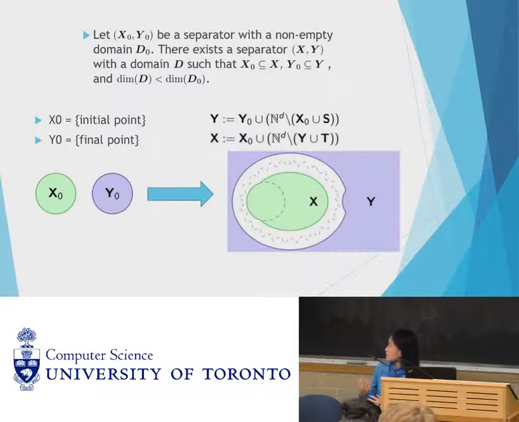In this case, we can always span the set of the initial point and the set of the final point, and finally maybe we can get two new sets which can be combined into a separator with an empty domain.